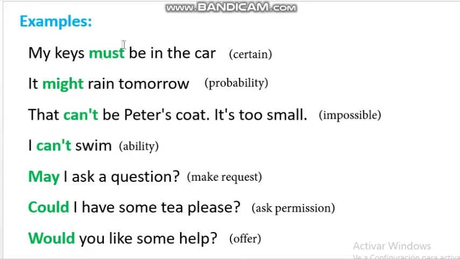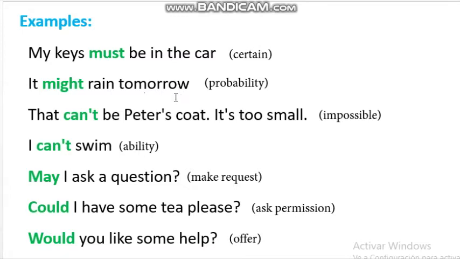My keys must be in the car. We have the modal must that shows certainty, because I am certain that they are in the car. Now, in the next one we talk about probability: it might rain tomorrow.